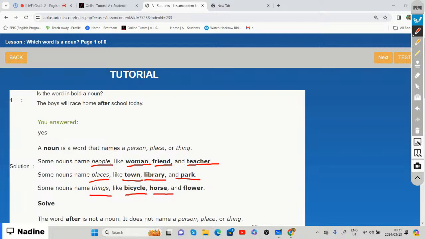Right? So we said these are nouns that name either people or places or things, right?